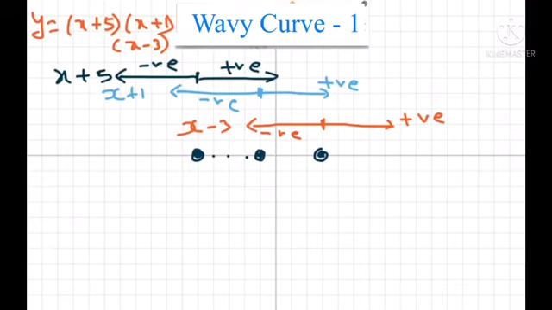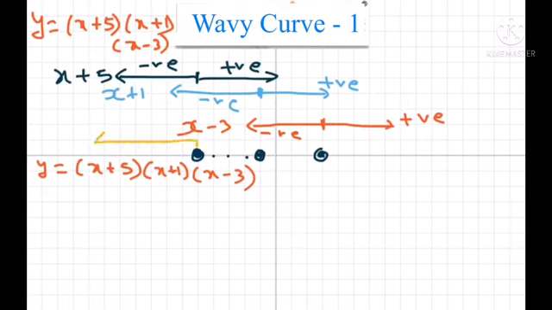Now if you combine all the 3, if I write y is equal to x plus 5, x plus 1, x minus 3, then the first region that we have is less than minus 5. In this region, this factor is negative, this factor is negative, this factor is negative, so overall we have negative.